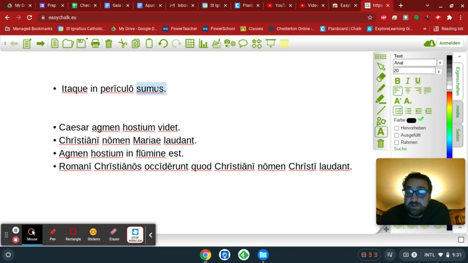And if you think about Spanish, somos, it's pretty much the same word, just a few centuries later, right? So here's a we are sentence. We are the subject in the sentence. Itaque, therefore, in periculo sumus. So remember, a derivative of the word periculum, periculi is peril. And so this means danger. So therefore, we are in danger. And because it was a second declension neuter word, periculo is an ablative ending. So we're in danger. So therefore, we are in danger.